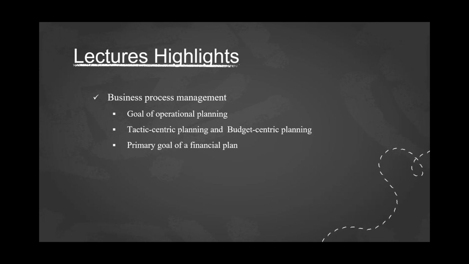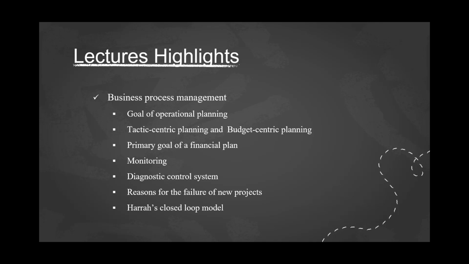After completing the plan process, we talked about the critical questions that our monitoring framework answers. We also explored the key elements of a diagnostic control system. In our fourth process, we figured out why 60 to 80% of all new projects fail. Lastly, we also discussed Harrah's closed-loop model.